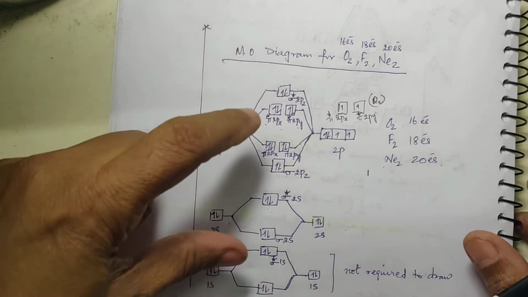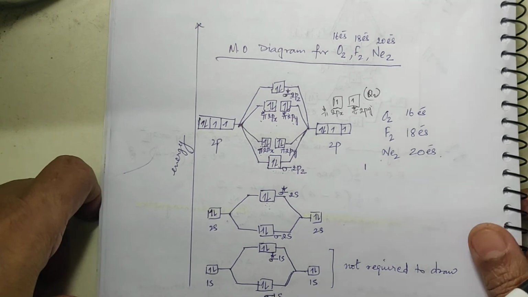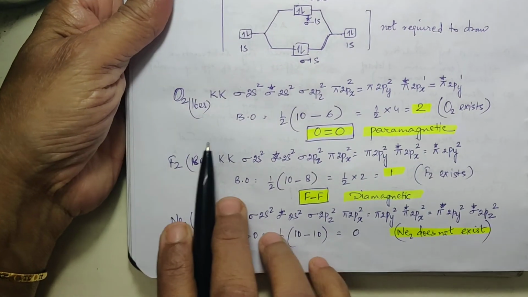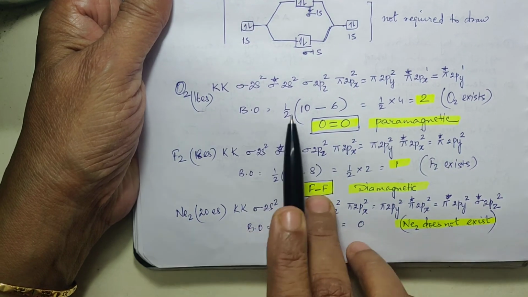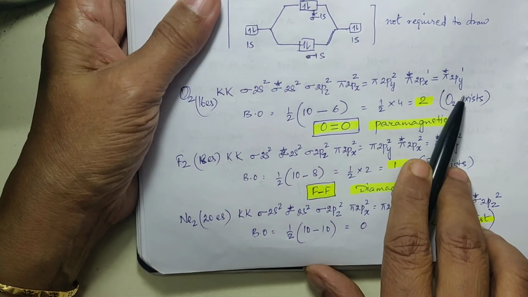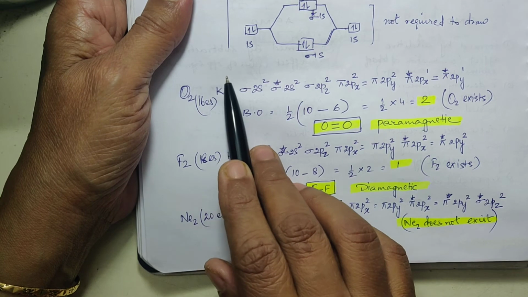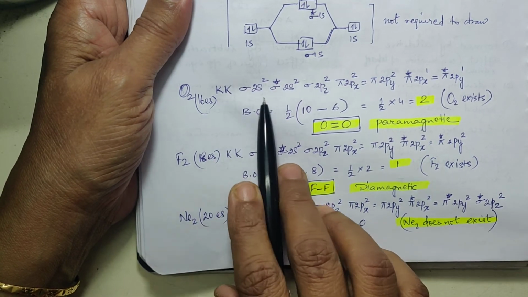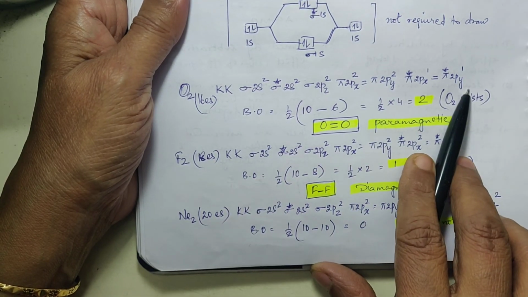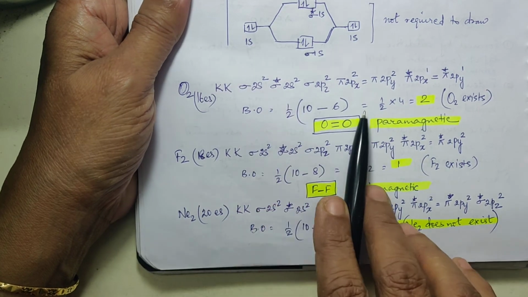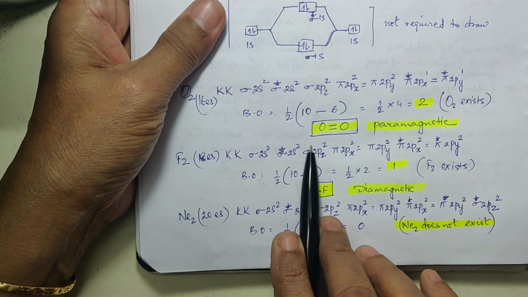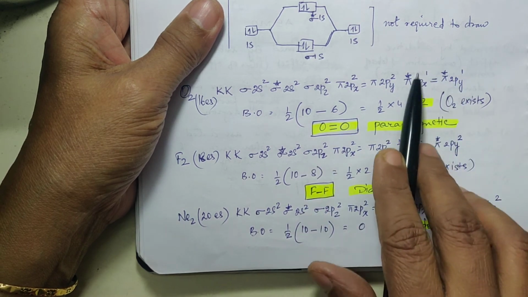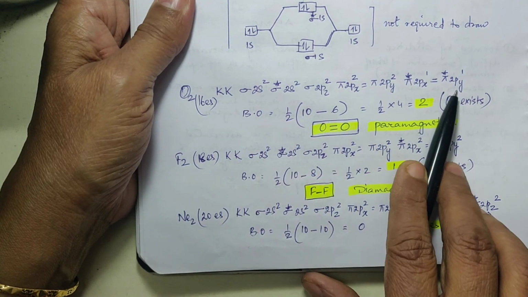Okay, so this is your molecular orbital diagram and these are molecular orbital configurations. Now you can directly write the configuration using sigma 1s को छोड़ के K लिख करके आप इसको सीधा लिख सकते हो इस तरीके से. And then you can find out the bond order and whether there is any unpaired electron or not. That will be easily visible to you even in this molecular orbital configuration.